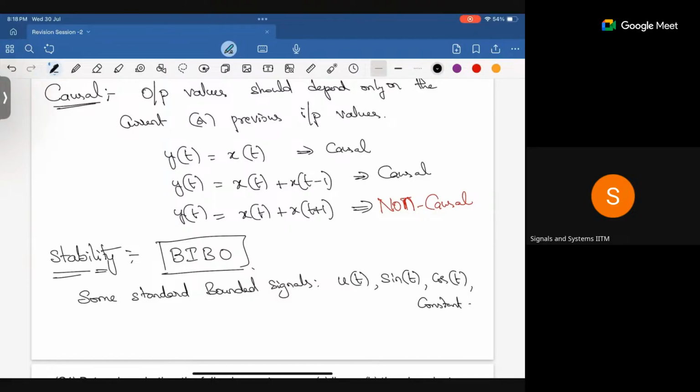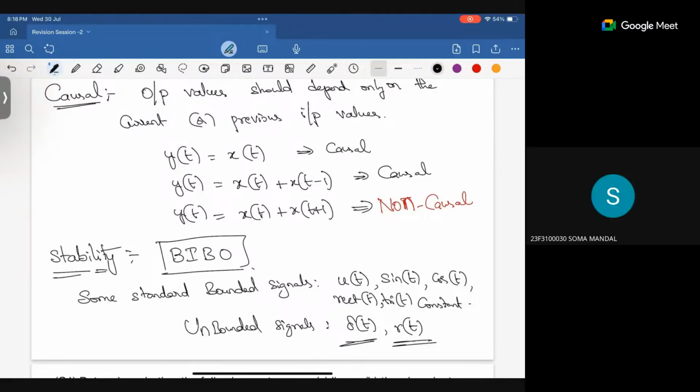So these are some standard bounded signals, and the standard unbounded signals are delta of t, the Dirac delta, and r of t, which is ramp. And rect t also bounded, tri t. All these are bounded. Only among these standard ones, Dirac delta and ramp r of t were unbounded.